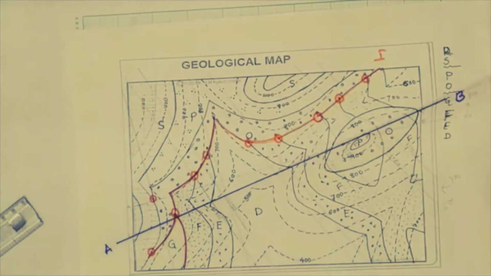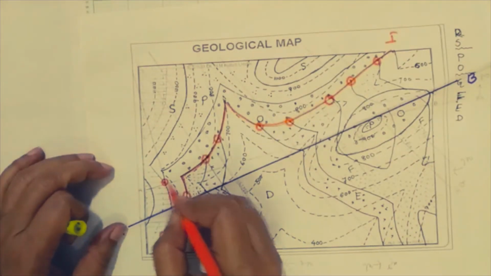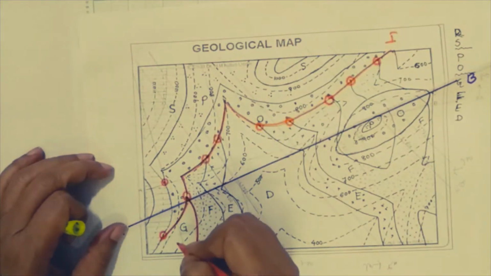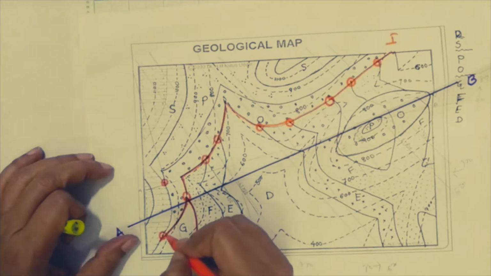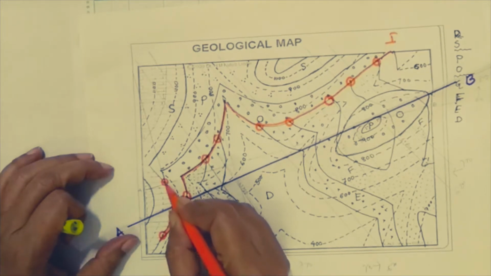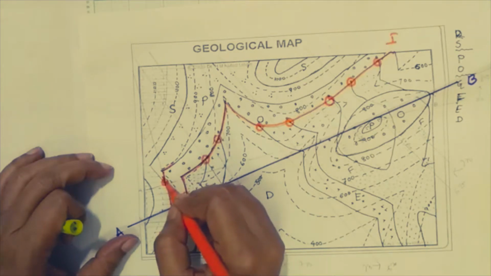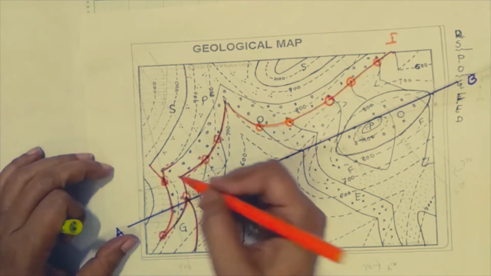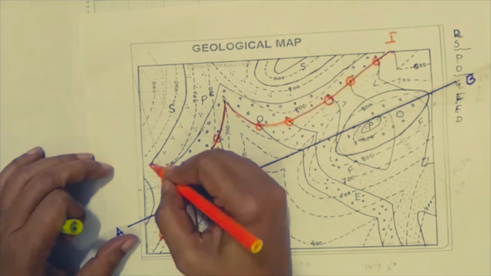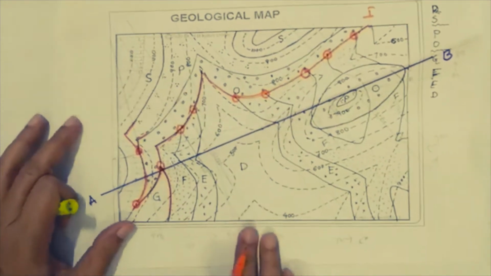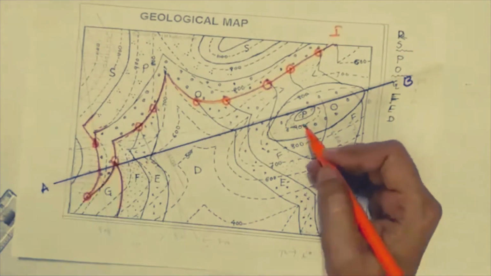Observe minutely. Go through the map. This is also a triple point junction. This is also a point of triple point junction. So this is also a line of unconformity. This is also a triple point junction. This is also a line of unconformity. Next, go through that direction.